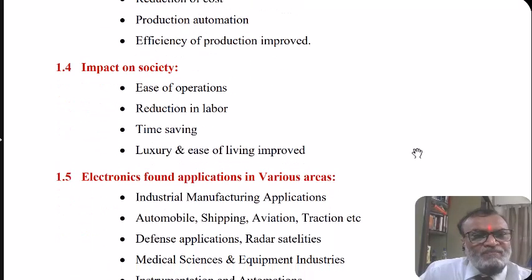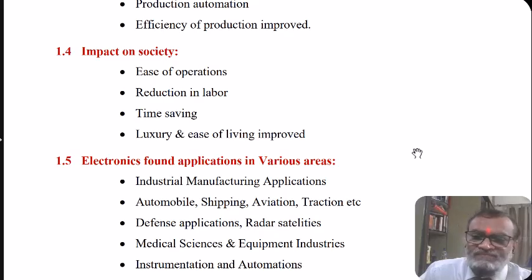If you see the impact on society by the use of electronics, it makes human life easier. The day to day operations of life are becoming simple and easy.